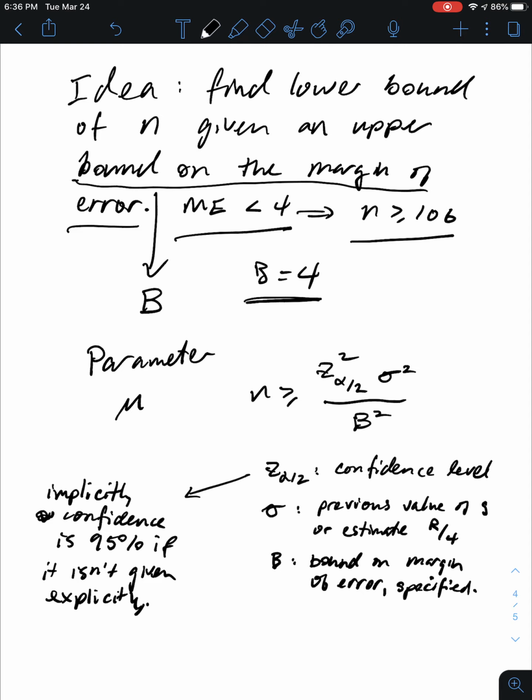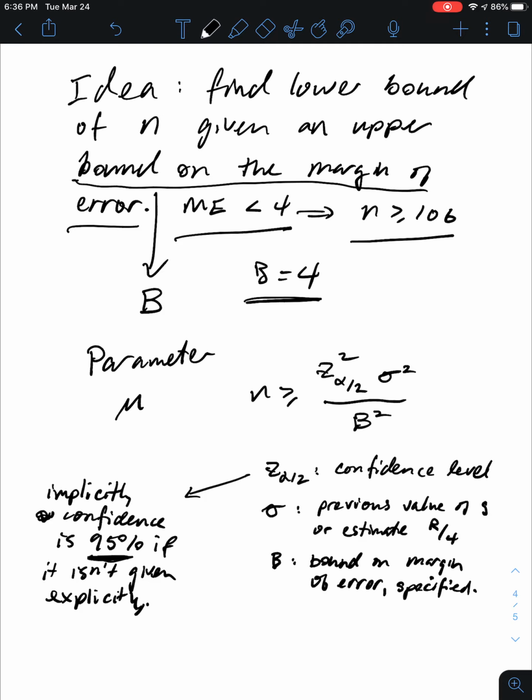Sometimes, even in this textbook and many times in real life, you will get a statistical problem and it won't say the confidence level that we're supposed to be doing the calculations at. And if it doesn't say, then you have to assume that that is 95%. That is the default confidence level if none is given.